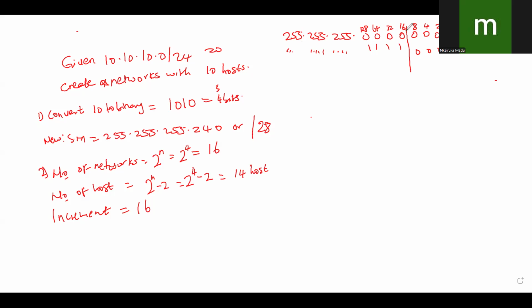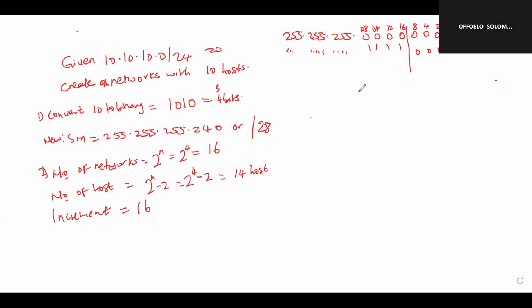Of course, I'm not going to be listing 16 networks. I'm just going to list 5 or 6 of them and the last one. So let's go ahead and list the network. Somebody give me the first network that we will have here. Solomon, give me the first network.